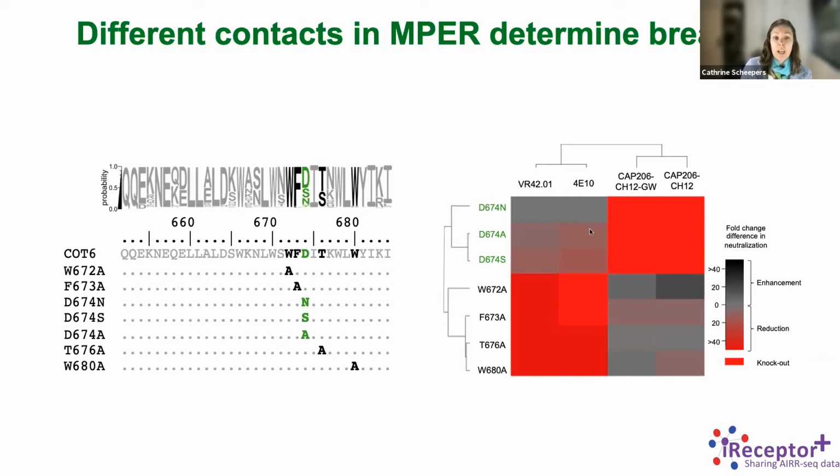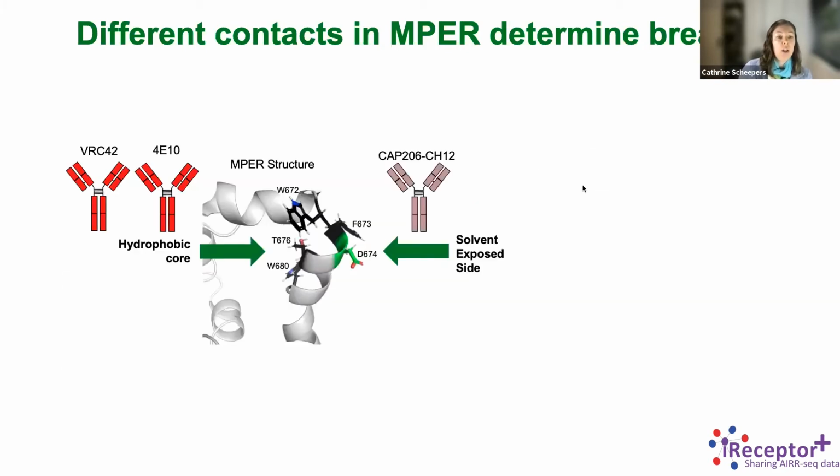What is striking is that you see very different patterns between CAP206-CH12, the GW version and the native version, compared to what we see in VRC42 and 4E10. So we modeled these amino acid residues onto the MPER structure, and you will see that VRC42 and 4E10 target the hydrophobic core on the internal side of the MPER, whereas CH12 targets the external solvent-exposed side.